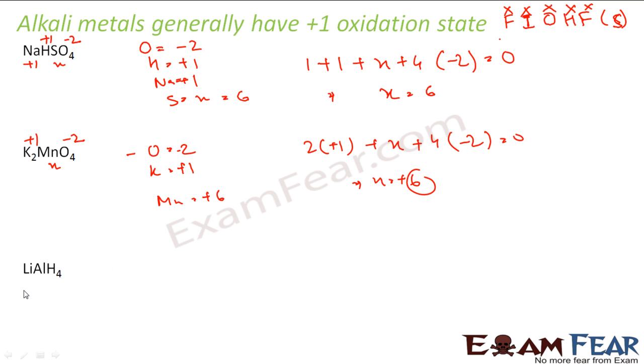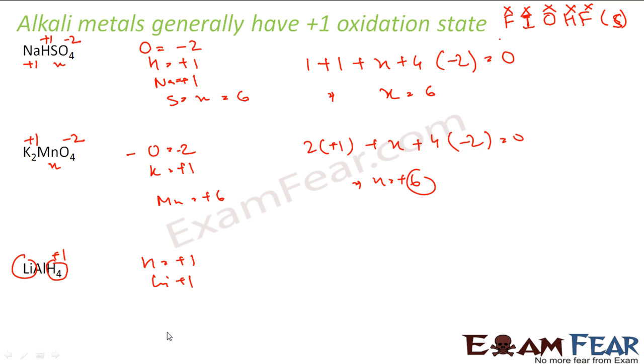Similarly, LiAlH4, let's apply. Free rule we can't apply, it's not a free element. Ion rule we can't apply, it's not an ion. Oxygen, there is no oxygen, we can't apply. So H becomes +1. Then fluorine we can't apply. Then I have two unknowns. Then I will apply this rule. Alkali metals have +1 oxidation state. So the alkali metal is Li.